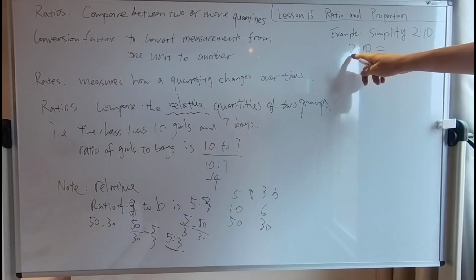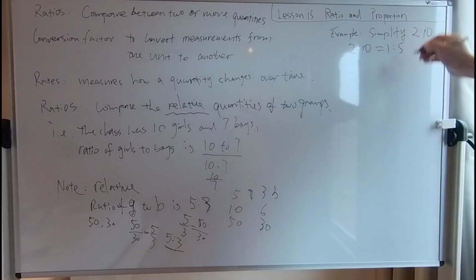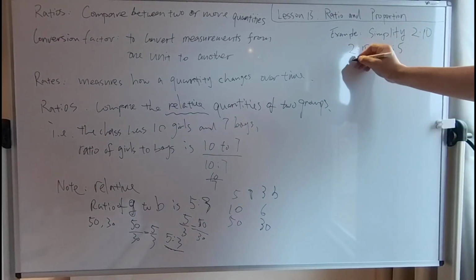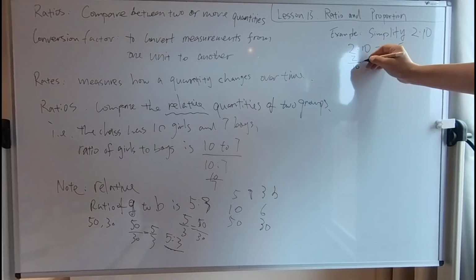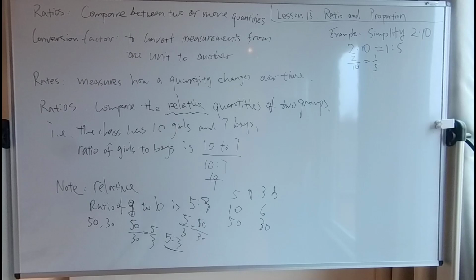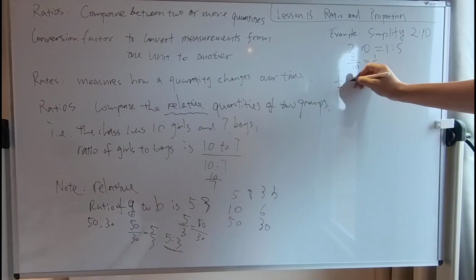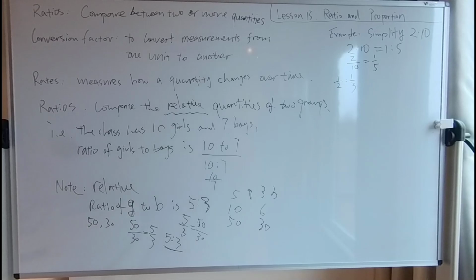If I divide both numbers by 2, I will get 1 to 5. You can verify this by writing it as a fraction: 2/10 equals 1/5. Or 1/2 to 1/3.